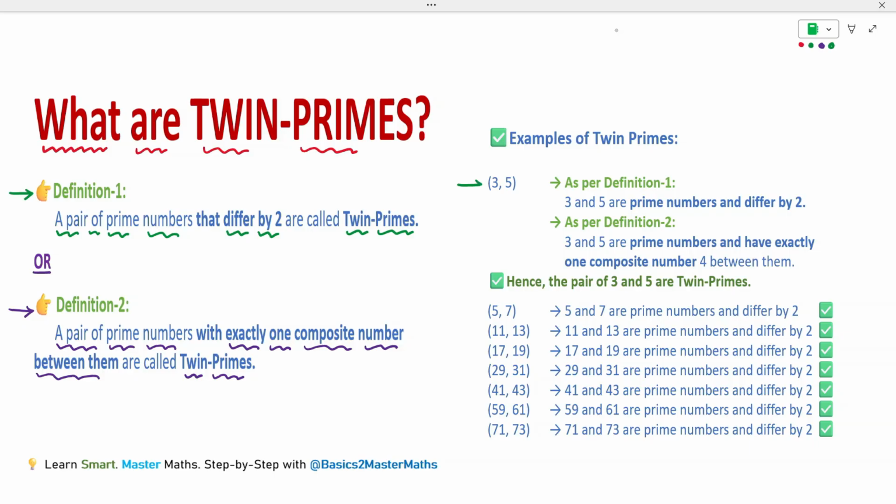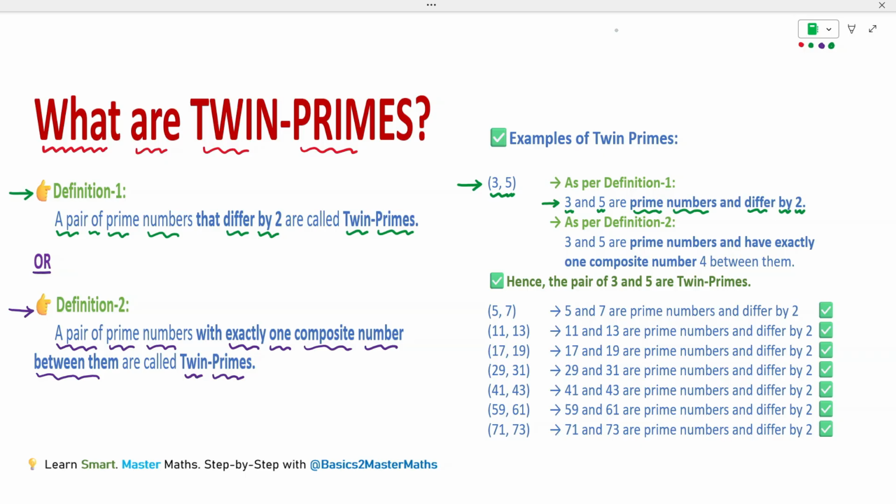Observe example 1. A pair of 3 and 5. In this case, 3 and 5 are prime numbers and they differ by 2.